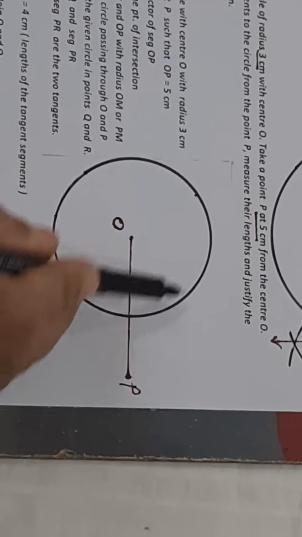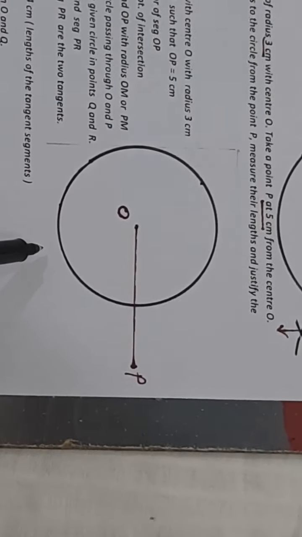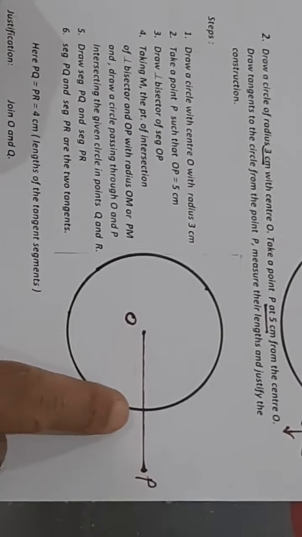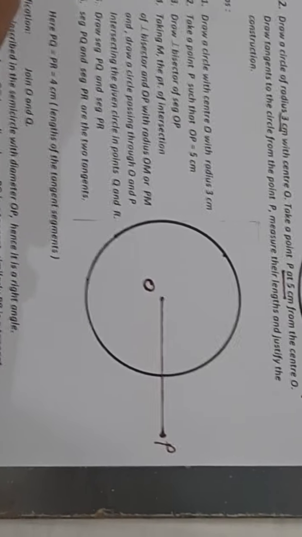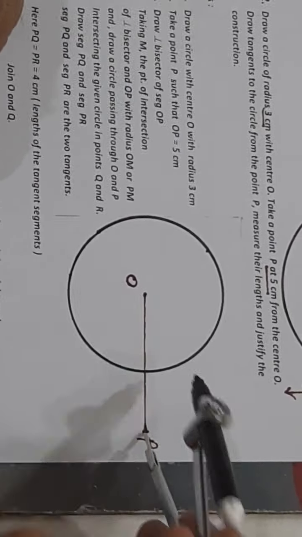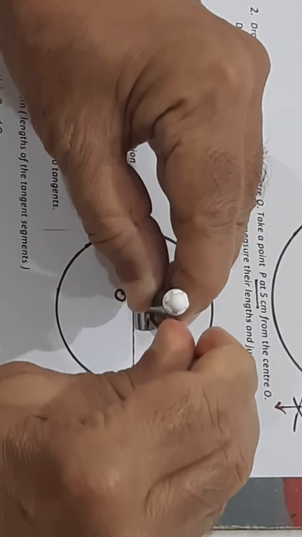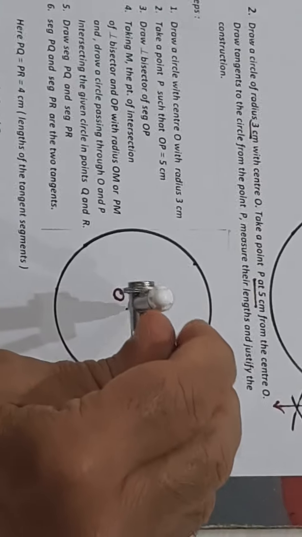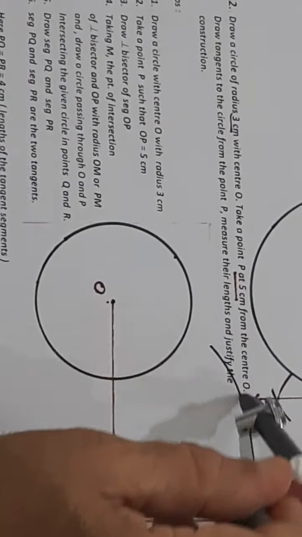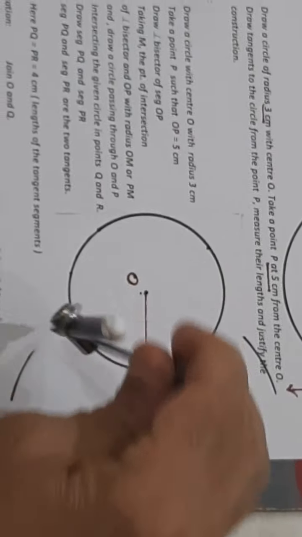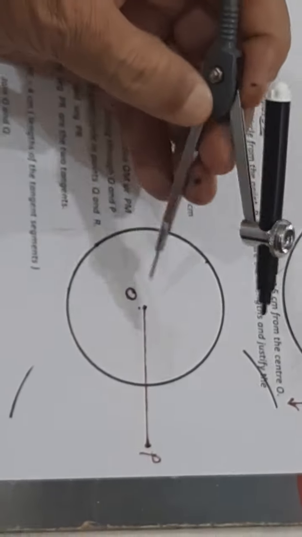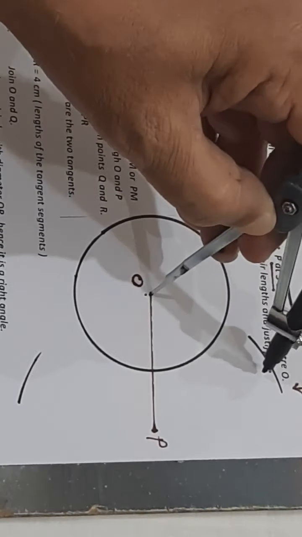Now from this point we have to draw the 2 tangents. First of all we'll draw perpendicular bisector. How to take perpendicular bisector? We have to take OP. Take the radius equal to OP, and draw one arc up, one arc down. And from P, now keep it at O and cut those arcs.